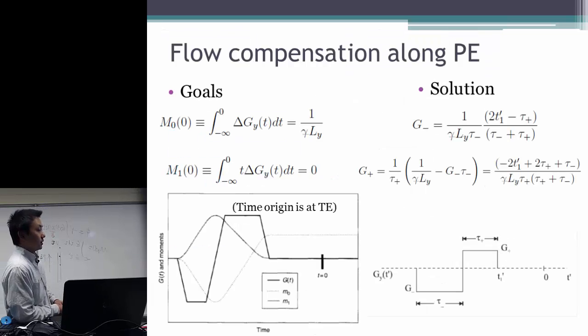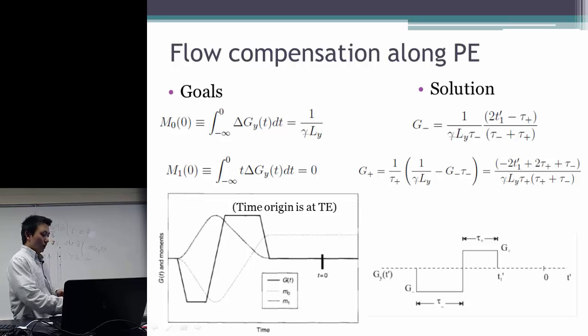So to achieve flow compensation along the phase encoding, we need to achieve both goals. The first goal is to achieve the phase encoding function, which must be done in order to give you a good expected image. And we also need to achieve the zeroth and first moment nulling for the gradients.